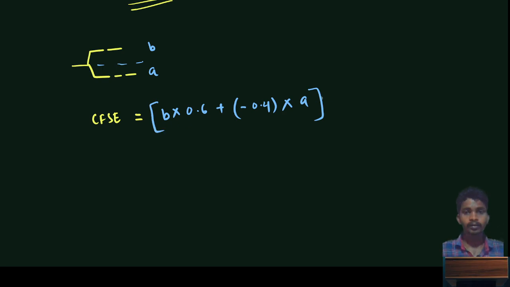This is multiplied by delta naught. After that we have to account for pairing.